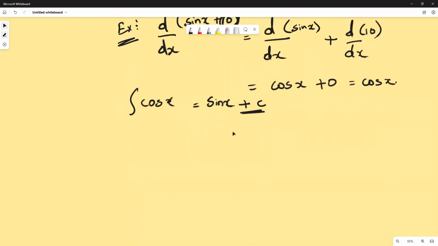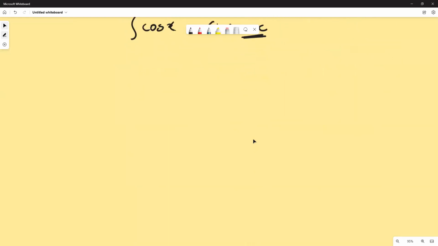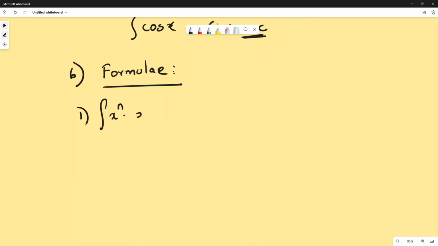Now let's do some basic problems. But before we go on to basic problems, let me introduce you to some formulae. Some list of formulae. So let's start with the basic. Integral x power n dx is equal to x power n plus 1 by n plus 1 plus c.